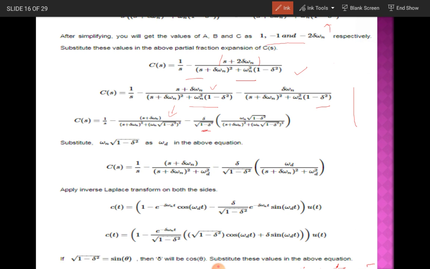Why I am writing this expression is, we know the formula for the inverse Laplace transform.